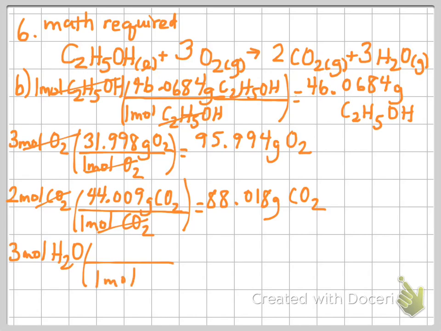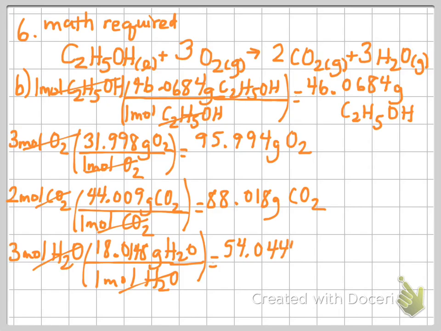Again, I'm going to calculate the molar mass of water by adding up 2 hydrogens and 1 oxygen. And we get 54.0444 grams of water.